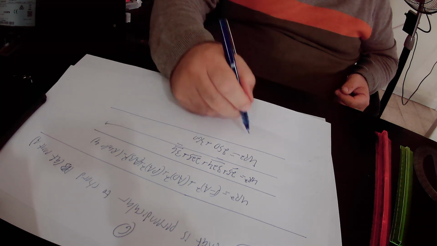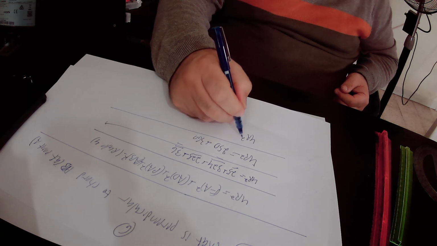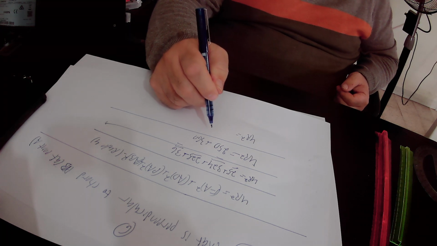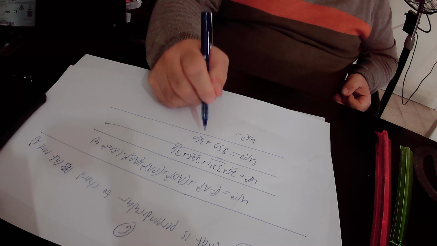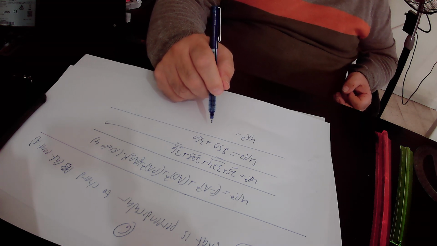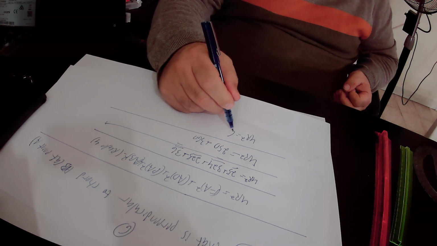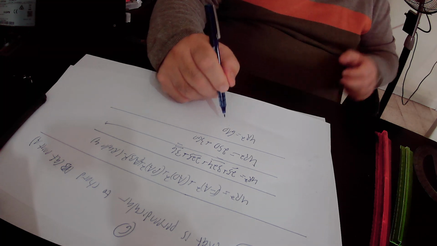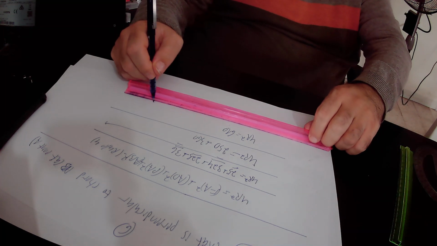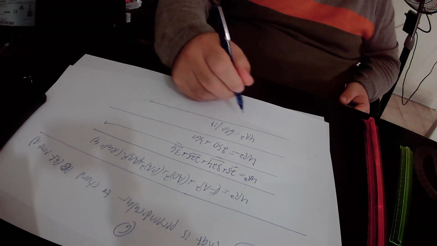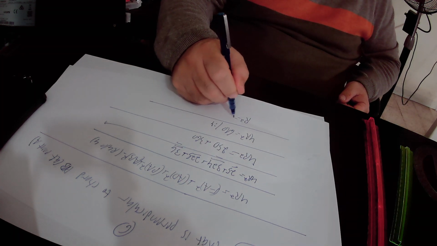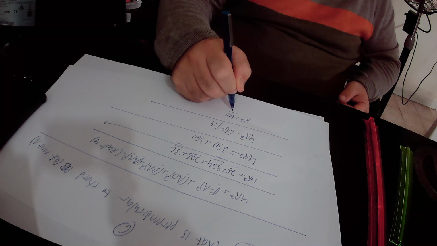In conclusion, we found out that 4R square equals 250 plus 360. 250 plus 360 is 610. So 4R square equals 610. Here we divide this equation by 4, and we get that R square equals 610 over 4.